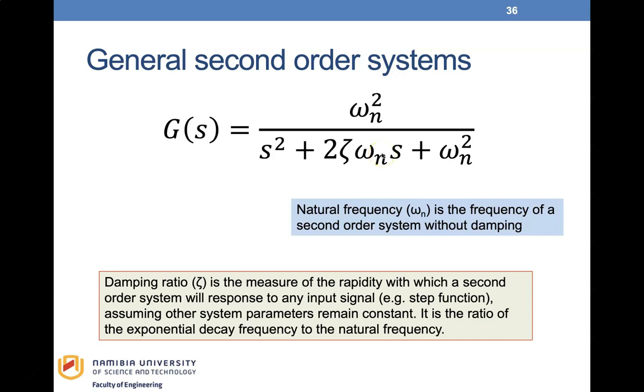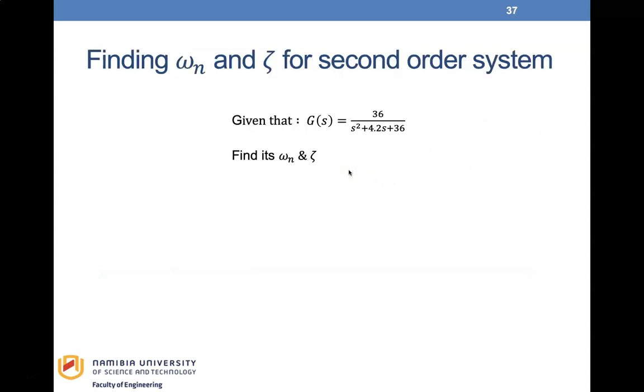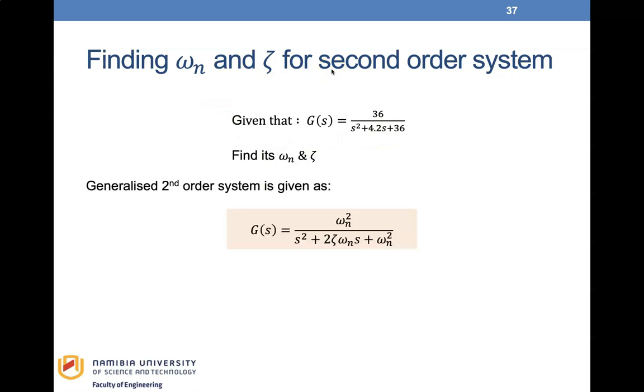Let us demonstrate how to find zeta and omega n from a second order equation. If you are given the transfer function G(s) equals 36 over s squared plus 4.2s plus 36, and you are asked to find its natural frequency and its damping ratio, you will have to compare terms between the given transfer function and the generalized second order system form.